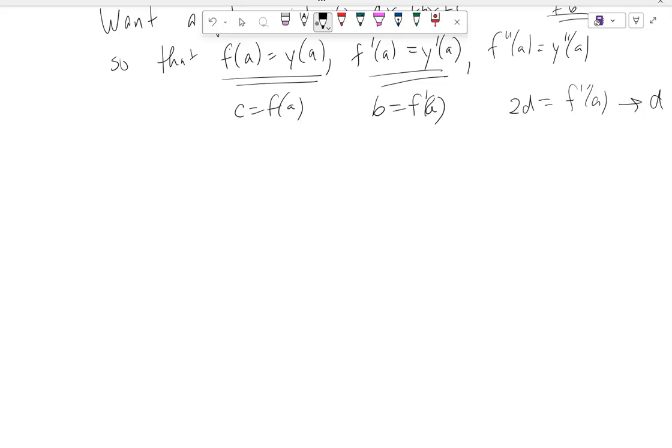Let's center it at a, so we do it at a. If I do f of x, then we have f of a plus, well, let's just do f of a, it doesn't matter. I'll do it this way to start with, and then I'll fix it.